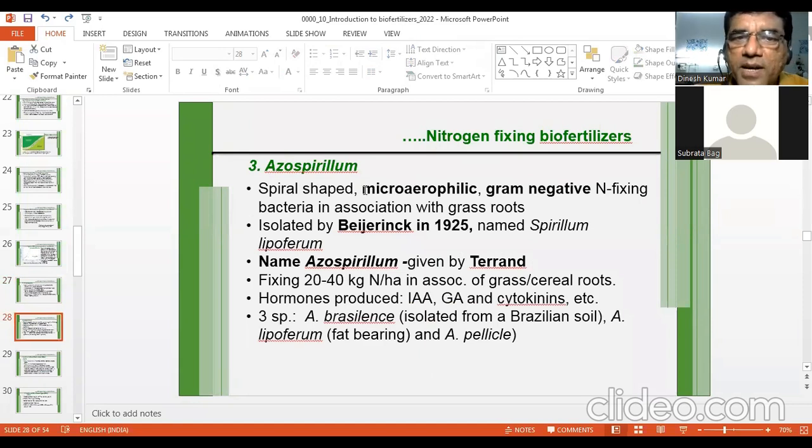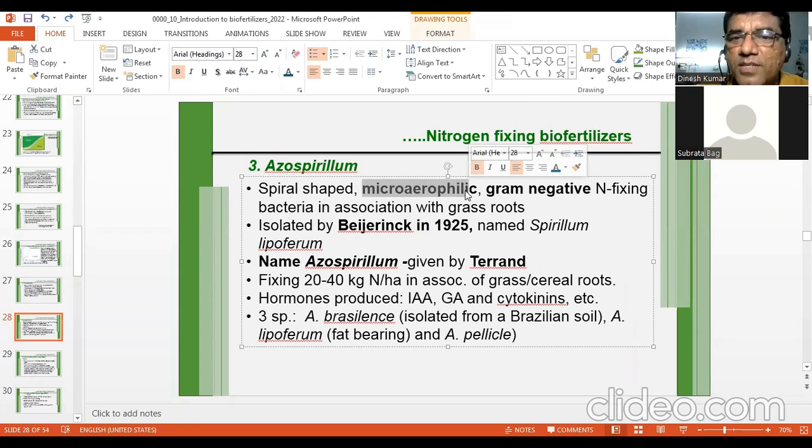Azospirillum is spiral shaped, microaerophilic, means it needs little oxygen or is partially aerobic, gram-negative N-fixing bacteria, and they fix nitrogen in association with grass roots. So they live in the vicinity of grass roots and fix nitrogen.